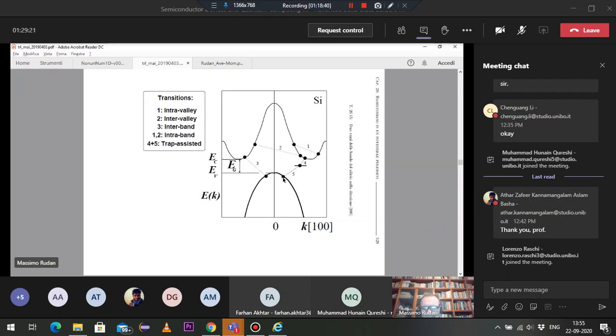The opposite is also possible. You may have an electron that is initially in the valence band, it goes into the trap, and then after a while from the trap it goes into the conduction band, and this is called trap-assisted generation. In real life, there are always defects in semiconductors, so trap-assisted generation and recombination do happen, and actually they are much more probable than the events of type 3, the direct transitions.